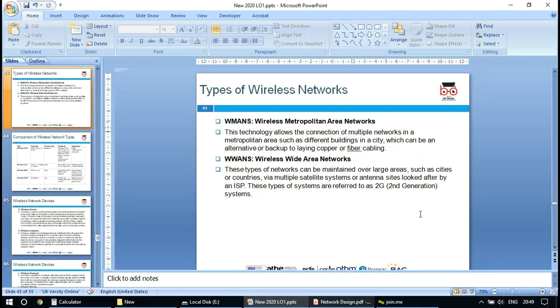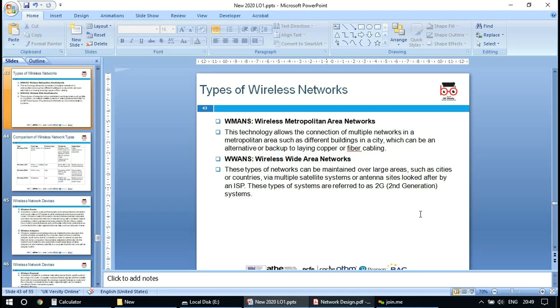Furthermore, the wireless metropolitan area network could be used with fiber cabling. At the metropolitan area, it would probably be fiber cabling, or copper, but definitely they are the wireless ones.